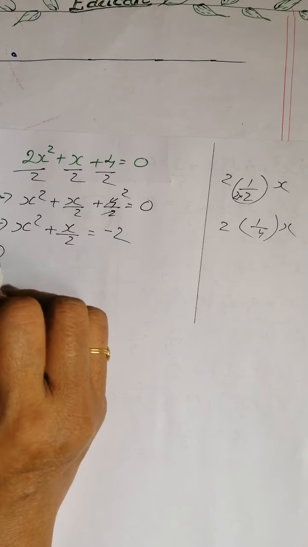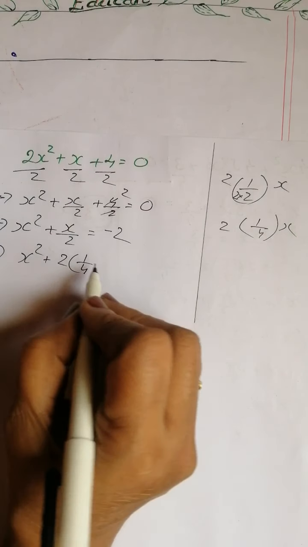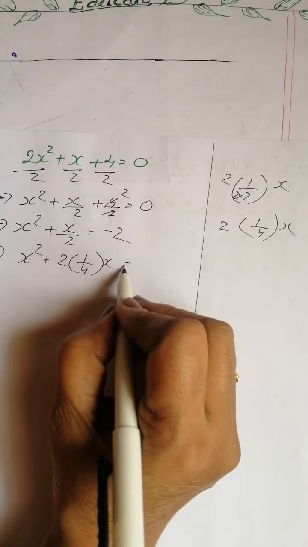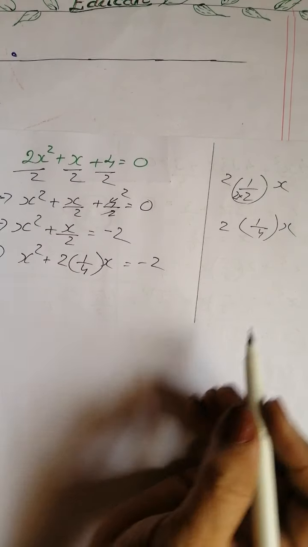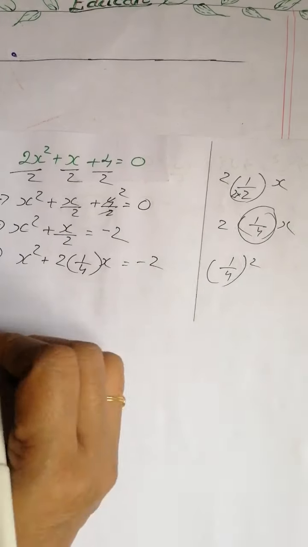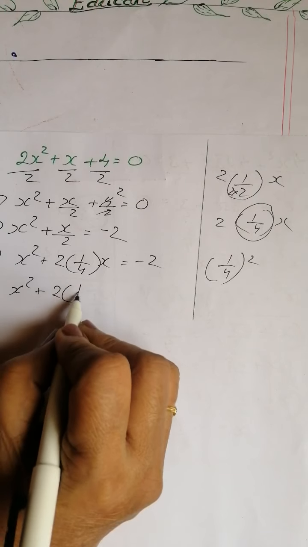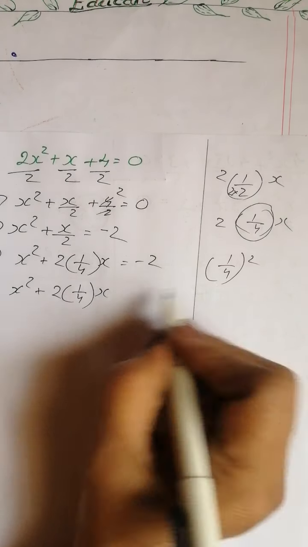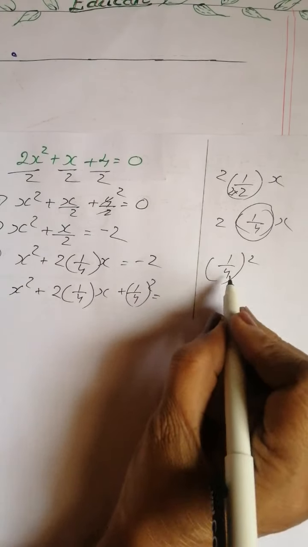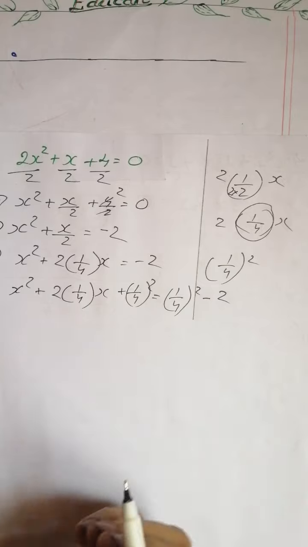Now next step is x square plus 2 times 1 by 4 x equals to minus 2. Then we have to take only this one and square it. You will get x square plus 2 times 1 by 4 x plus 1 by 4 the whole square equals to 1 by 4 the whole square minus 2.